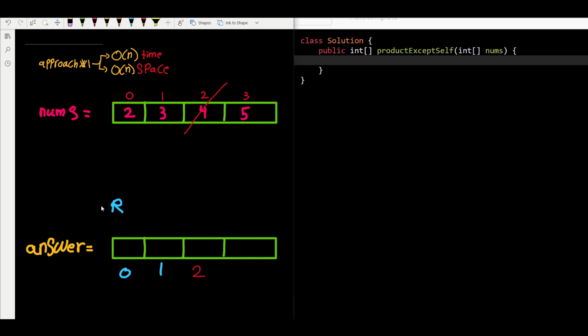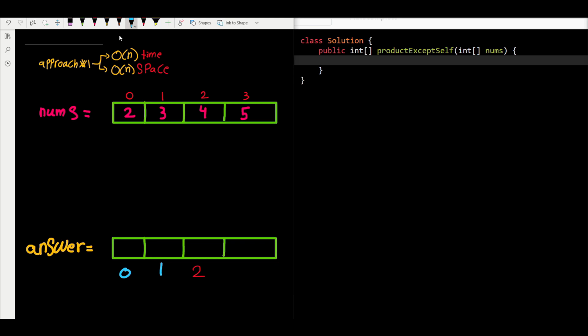Now in the case of the 5, the left section is 2 times 3 times 4, and the right section would be 1, okay? So each number in the nums array has a left section and a right section, and if we go to the answer array at index i, we go to nums at index i, we need to multiply the left section with the right section, and that value will be in the field of the answer array. Okay, how can we make this left and right section in an efficient way?